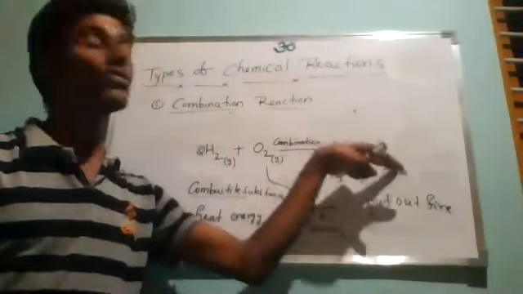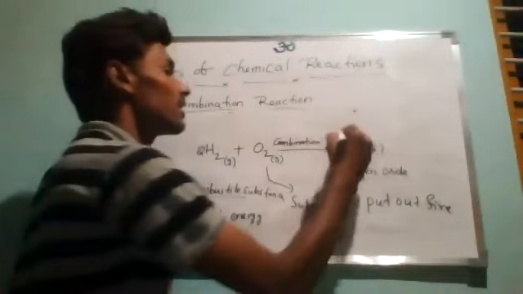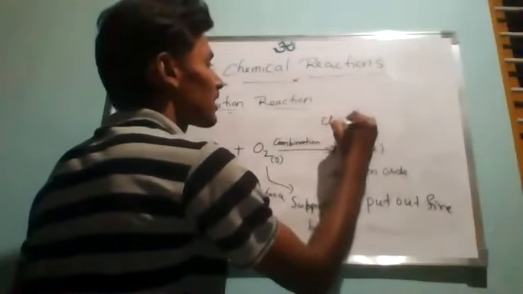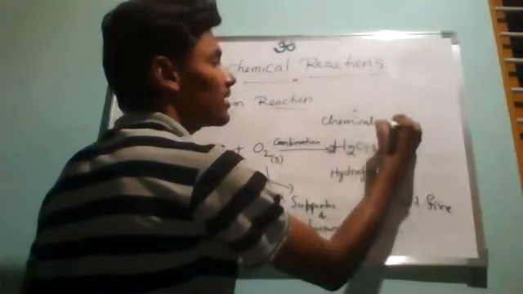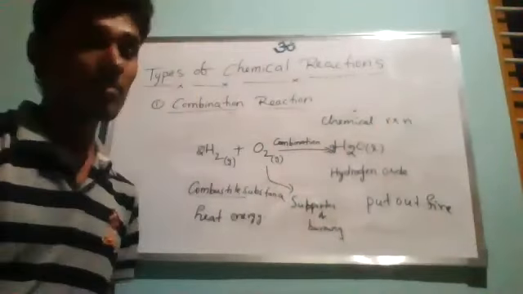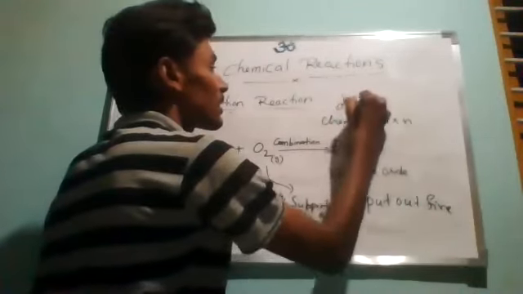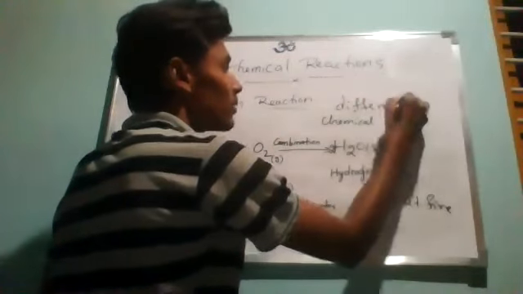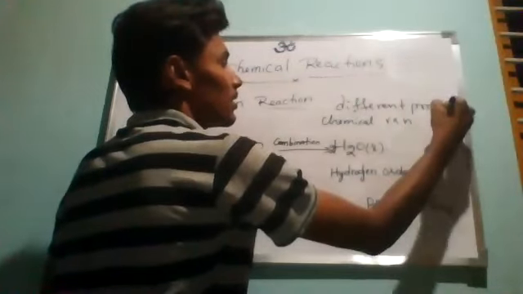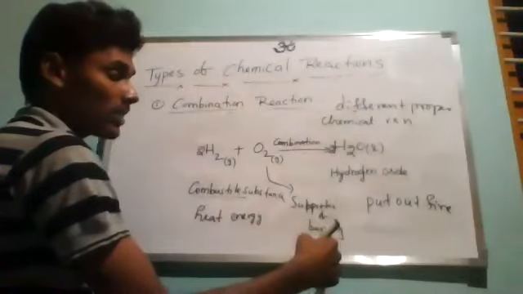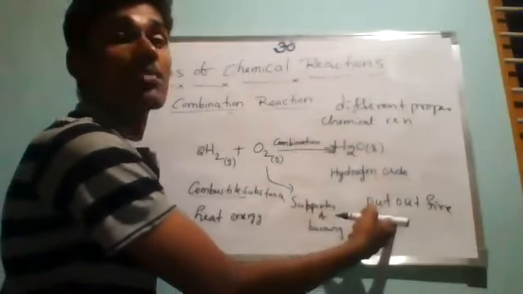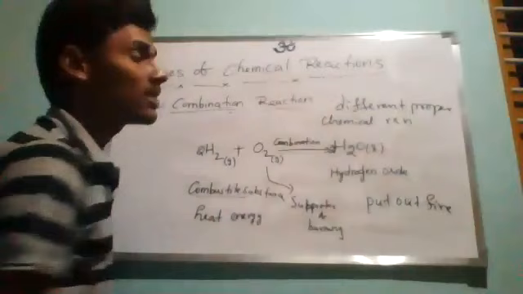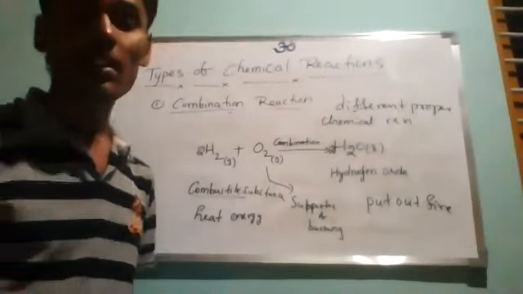See, completely different properties. That is why it is called a chemical reaction. Different properties before the reaction, some other type of properties after the reaction. That is why these are called chemical reactions.